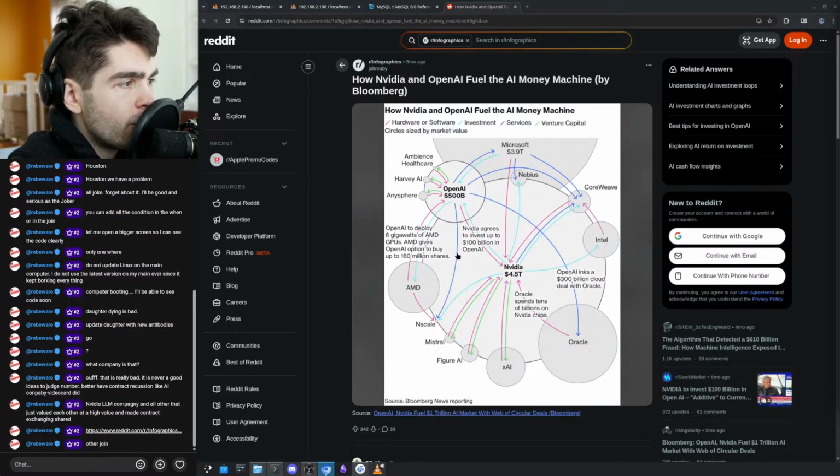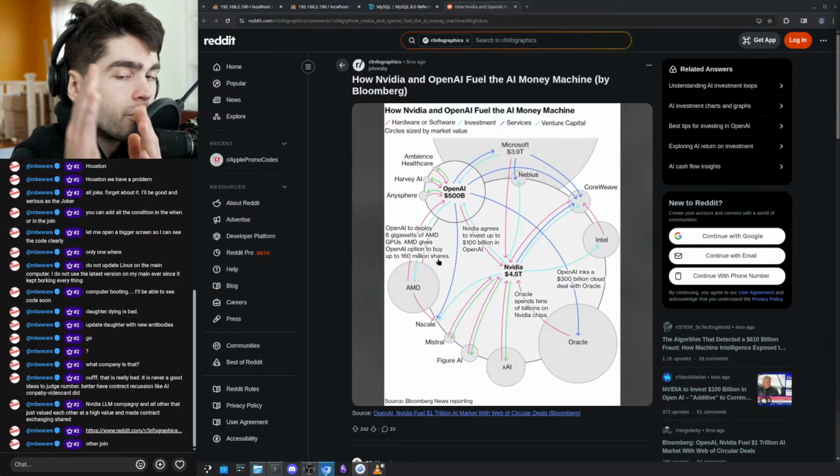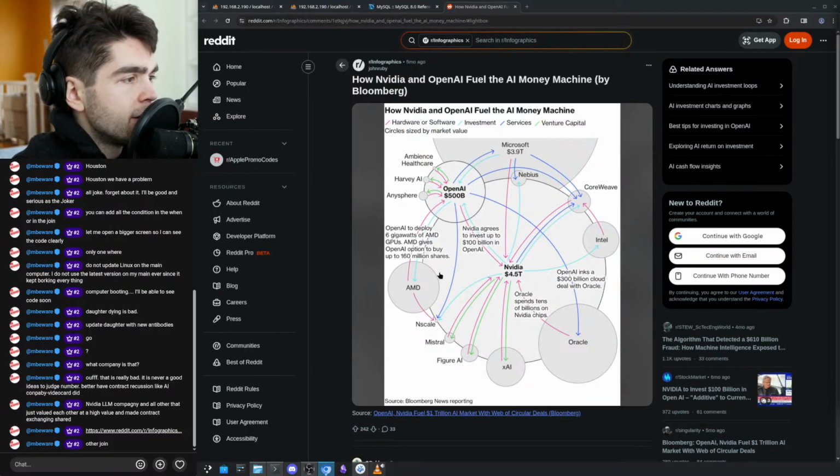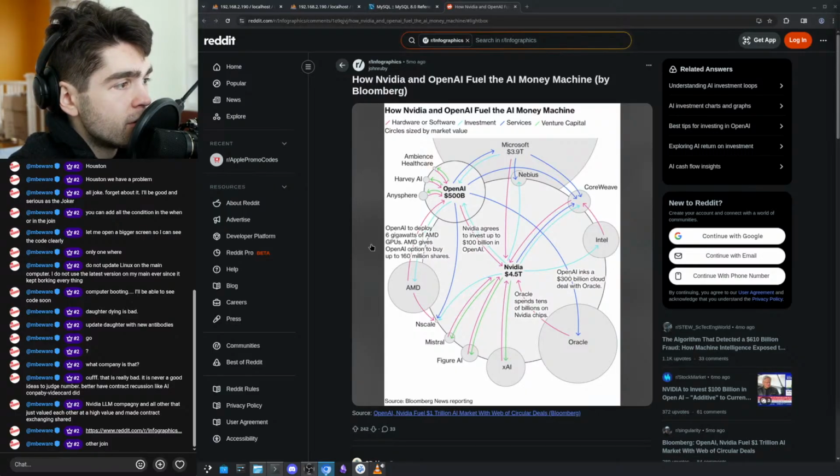So for example, maybe the share part here, it depends how the contract is laid out. Like if it's progressive, the more AMD gives to OpenAI, the more they get parts of these 160 million shares. It would have to be that way. It would be ridiculous any other way. It just makes sense.